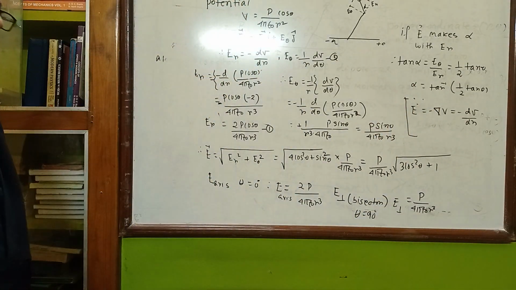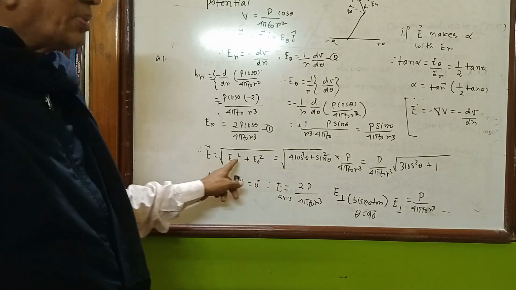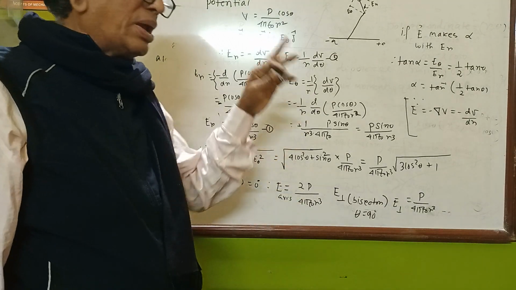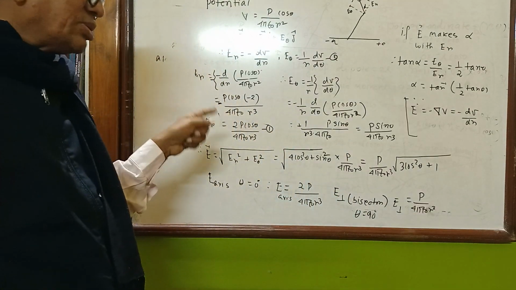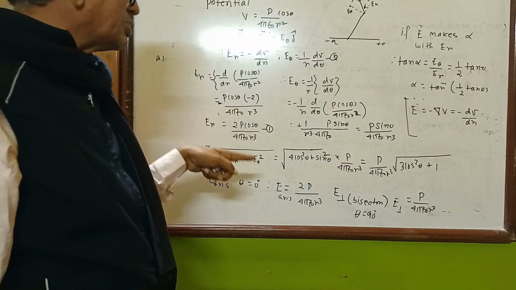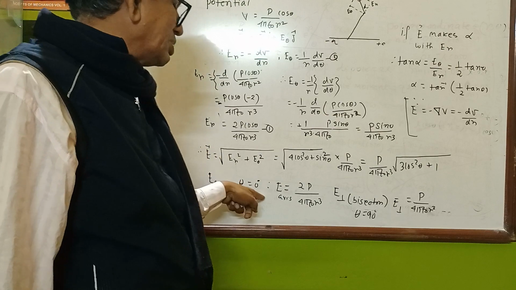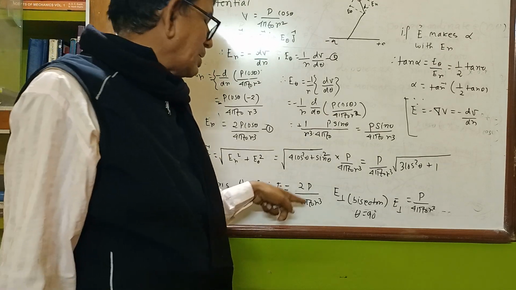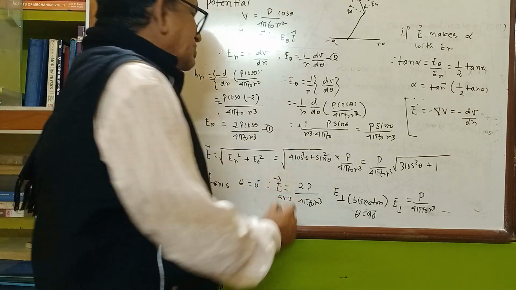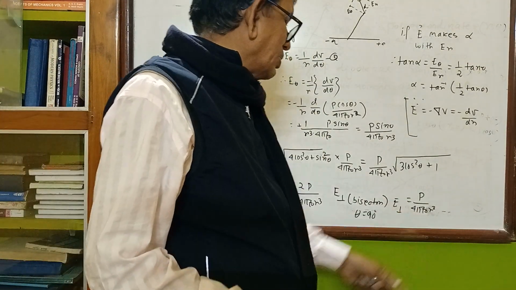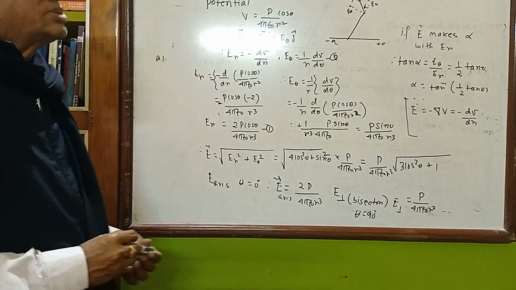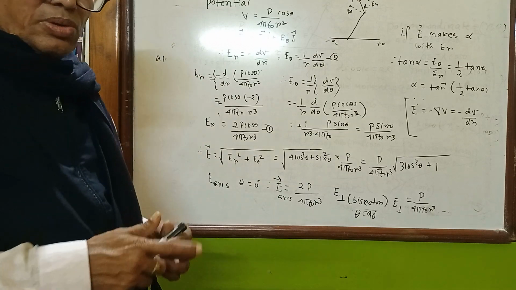This way I have calculated the general value of the electric field at the point P for polar coordinates r, theta. Now taking case 1, theta equal to 0, that is along the axis, and case 2, that is along the perpendicular bisector, p by 4 pi epsilon naught r cube. Clear? So this is the lesson I have taught you.